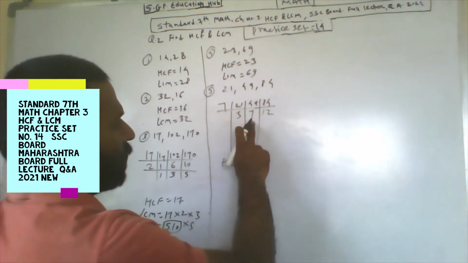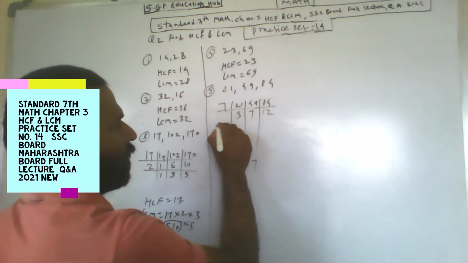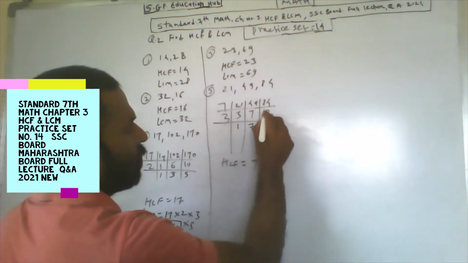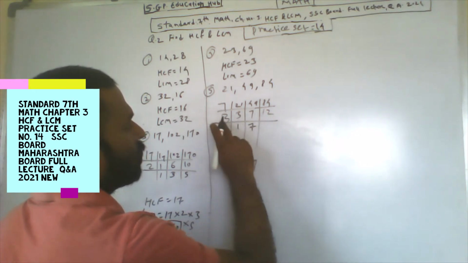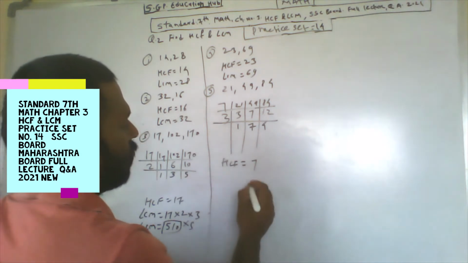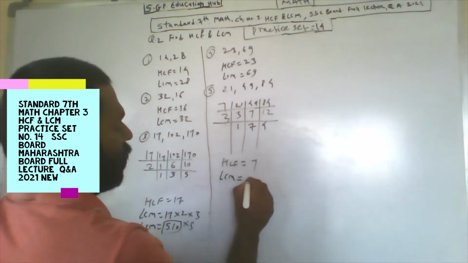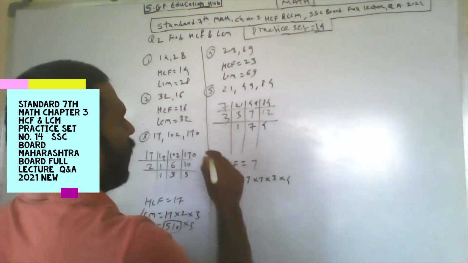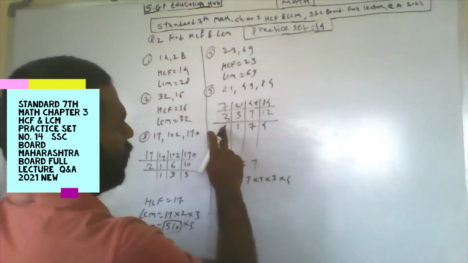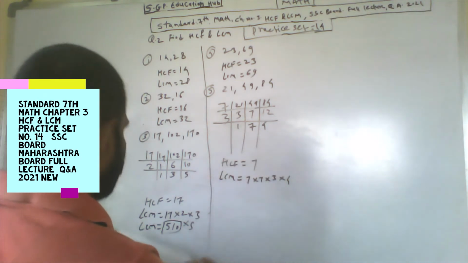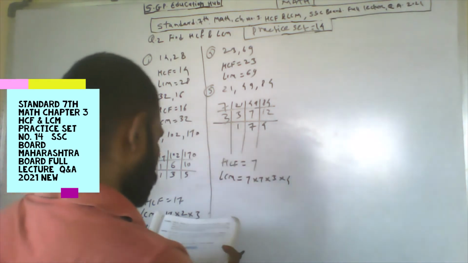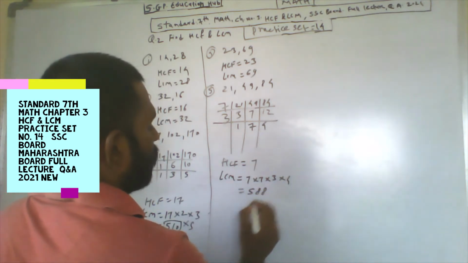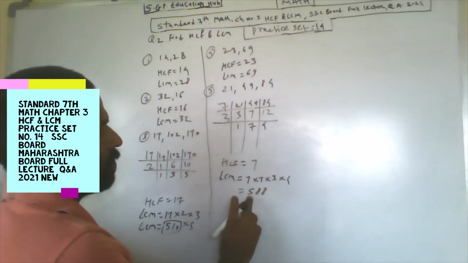Now 7 is a prime number here, so 7 can't be divided further, but 3 can. 3 1s are 3, 7 remains the same, and 3 4s are 12. Now the LCM is 7 into 7 into 3 into 4, 2 times 7, and 3 one time and 4 one time. The answer is 588.